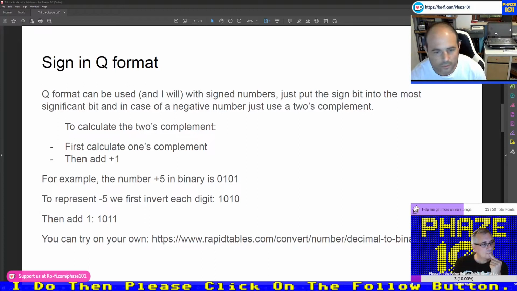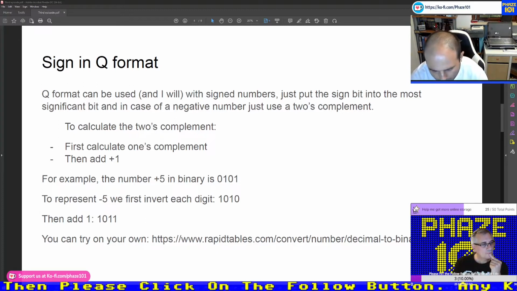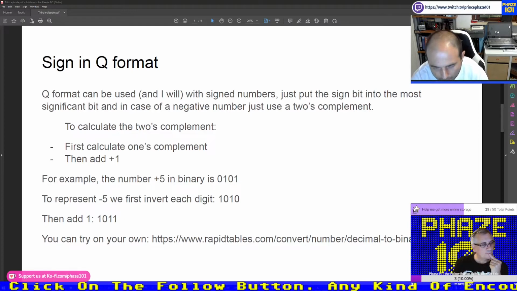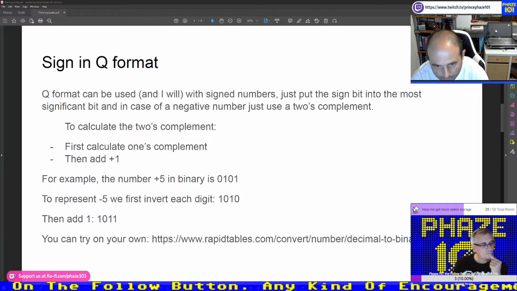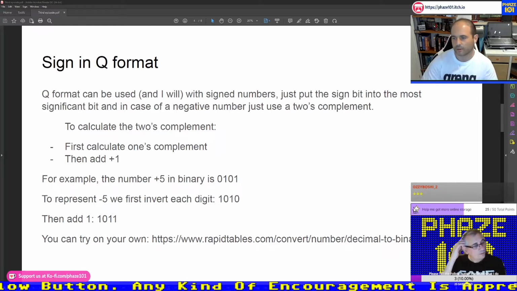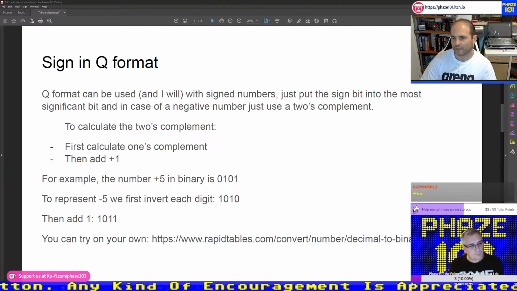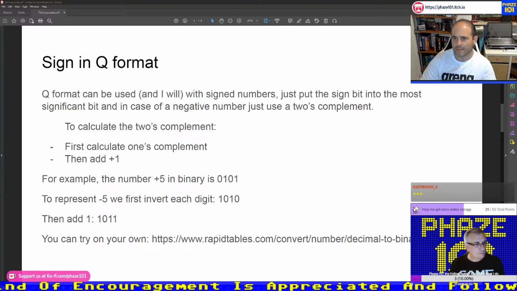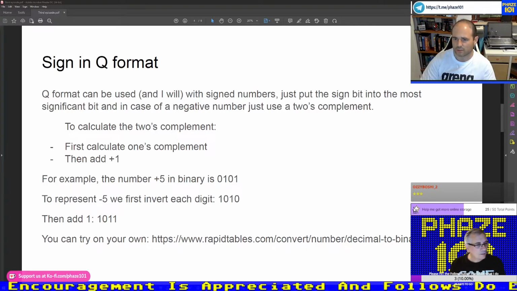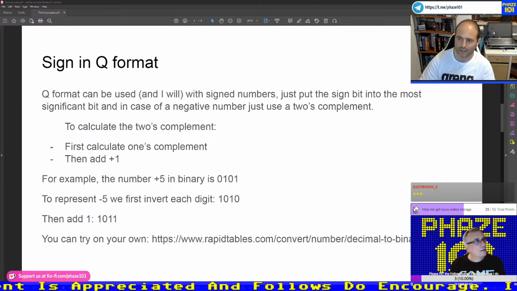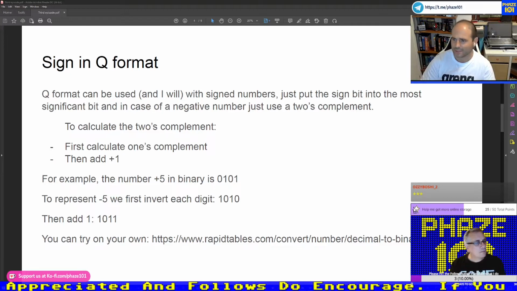HTTPS semicolon rapidtables.com, and here you can convert from decimal to binary or to hexadecimal, and there is also a small section. I think there is some censorship in Twitch. I can't share links. I don't know.